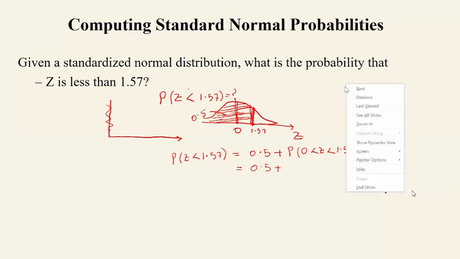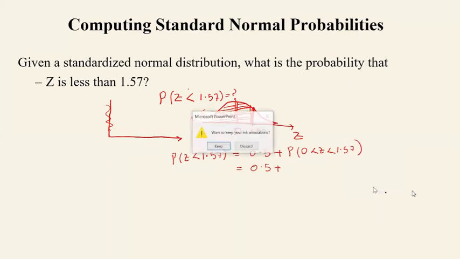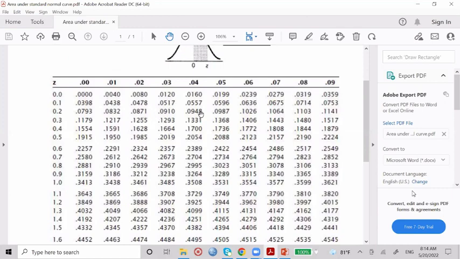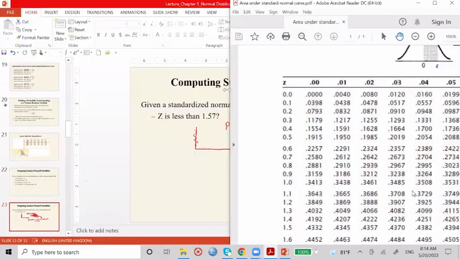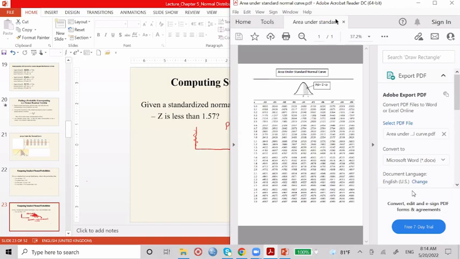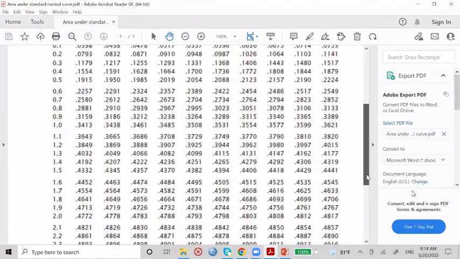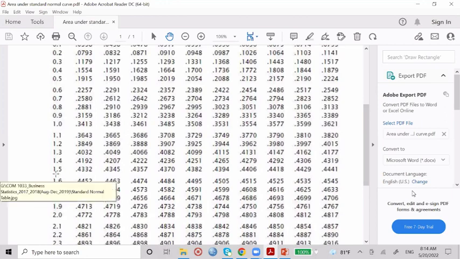So wait. And take the table. We need 0 to 1.57. So 0 to 1.5, then we need 7.